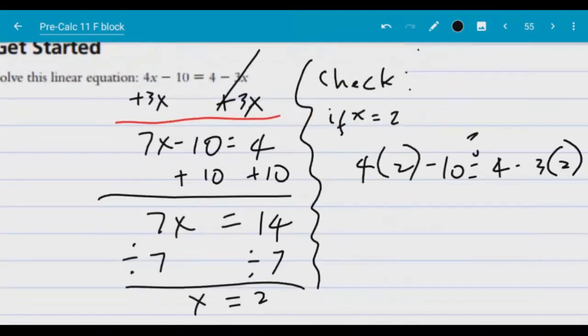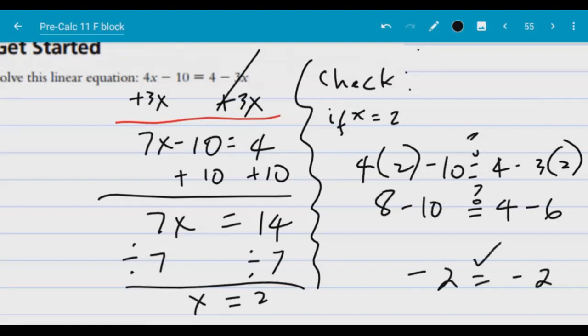What did I do? In the original equation, I plugged in the value that I found. 8 minus 10, is that going to be equal to 4 minus 6? And of course, negative 2 is equal to negative 2. Left side is equal to the right side. Checks out.